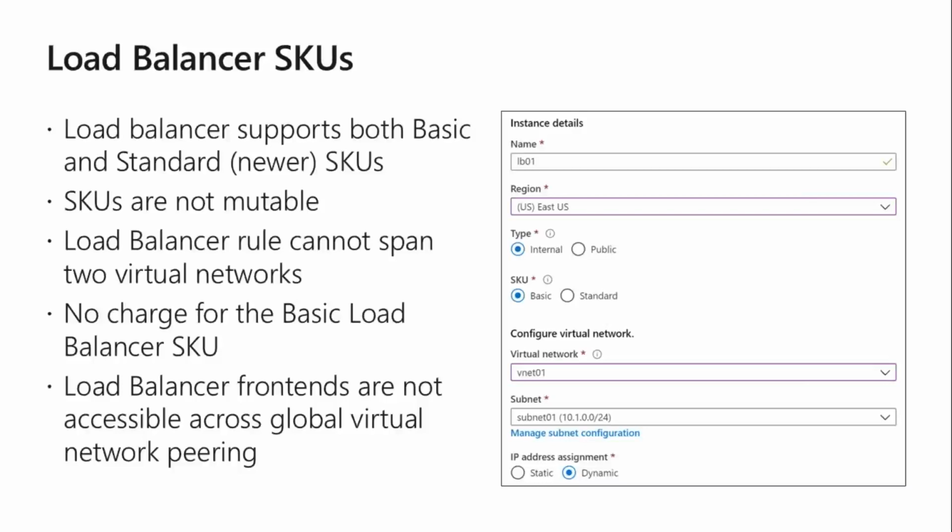If you made a peer between two virtual networks present in a different region or different subscription, in that case, one virtual network cannot access the load balancer present in another virtual network. So that's why it is called not available for global virtual network peering.